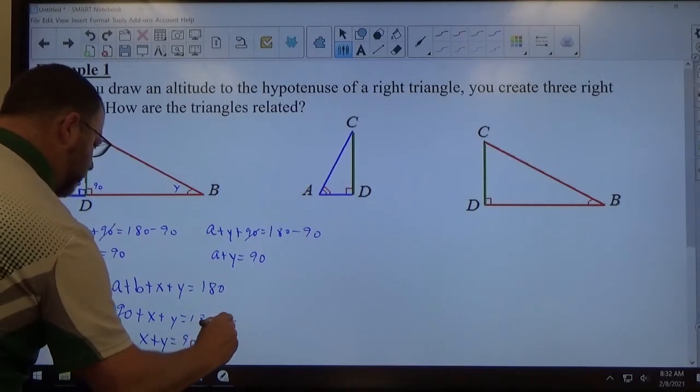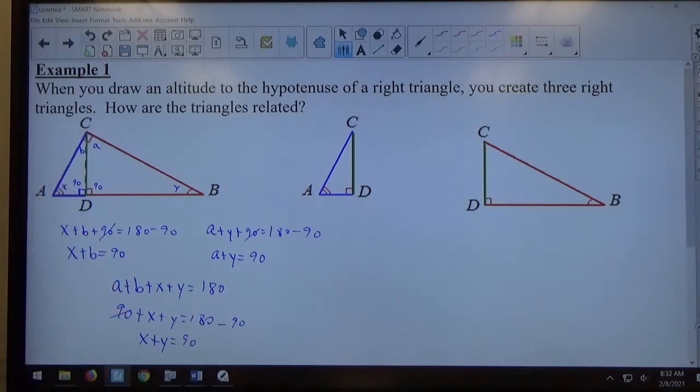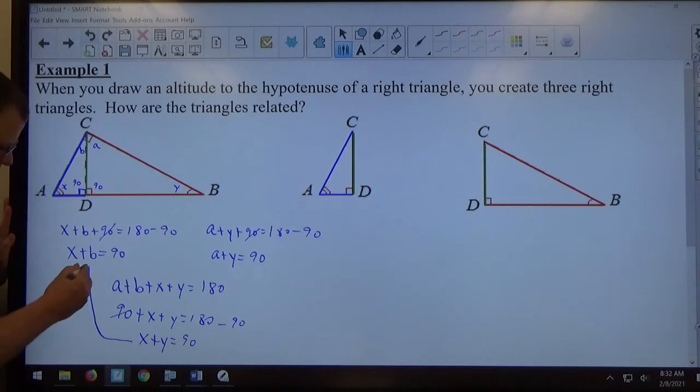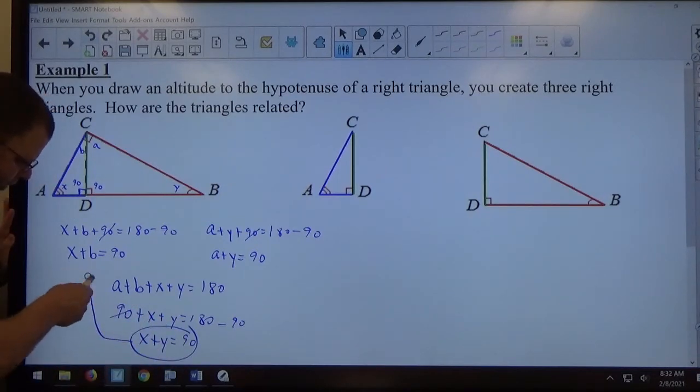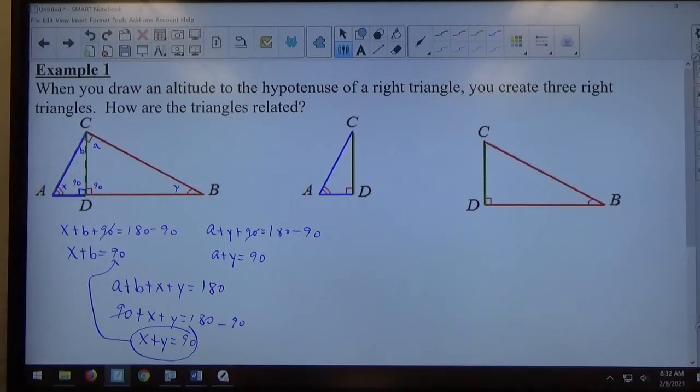So X plus Y has to equal 90. So if we take any one of these facts, they all equal 90, right? Let's say I take this one here and substitute. X plus Y is equal to 90. So I put X plus Y in place of that 90.